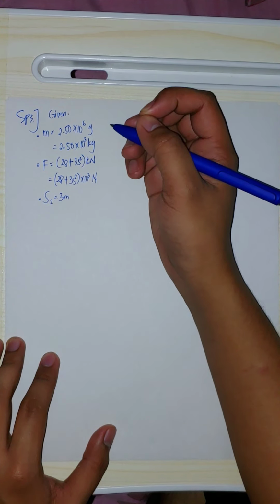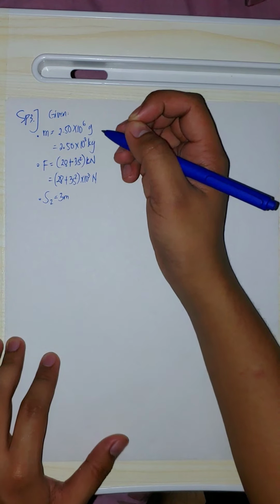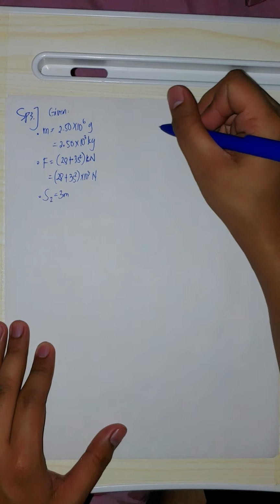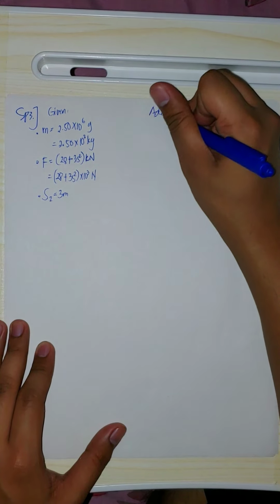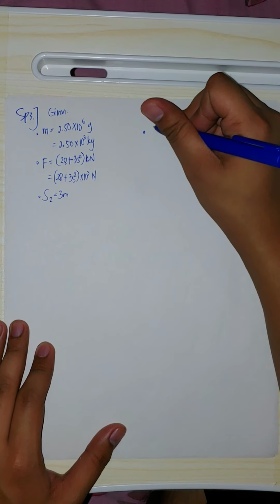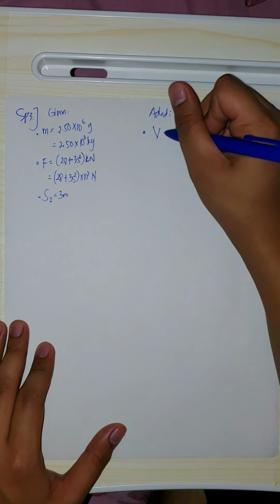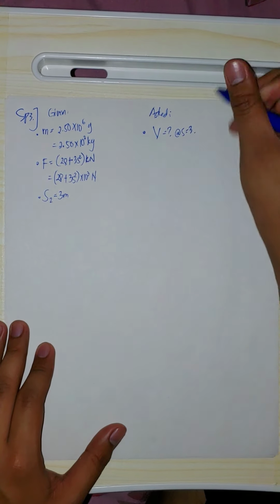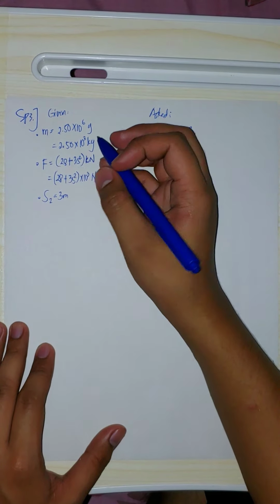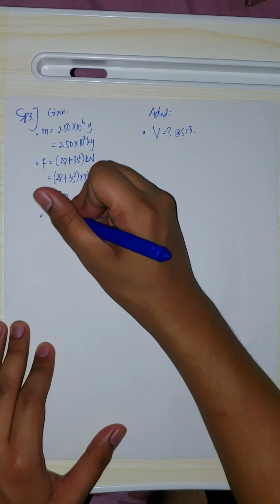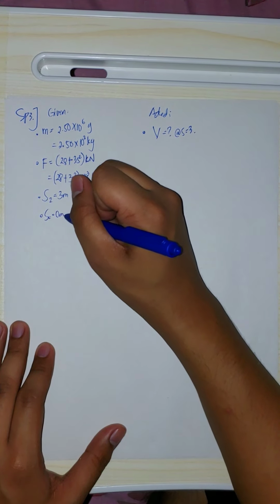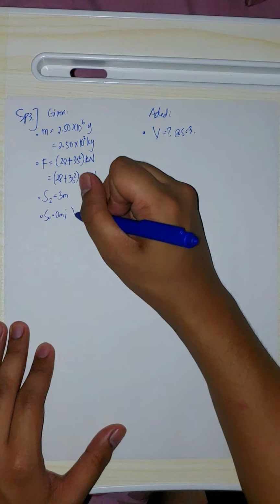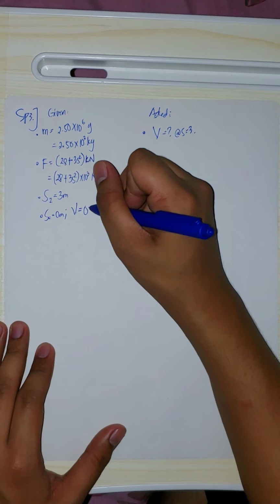And then we were asked the speed or the velocity at s equal to 3. We are also given that it starts from rest. So at s equal to 0 meters, the velocity is just equal to 0 meters per second.